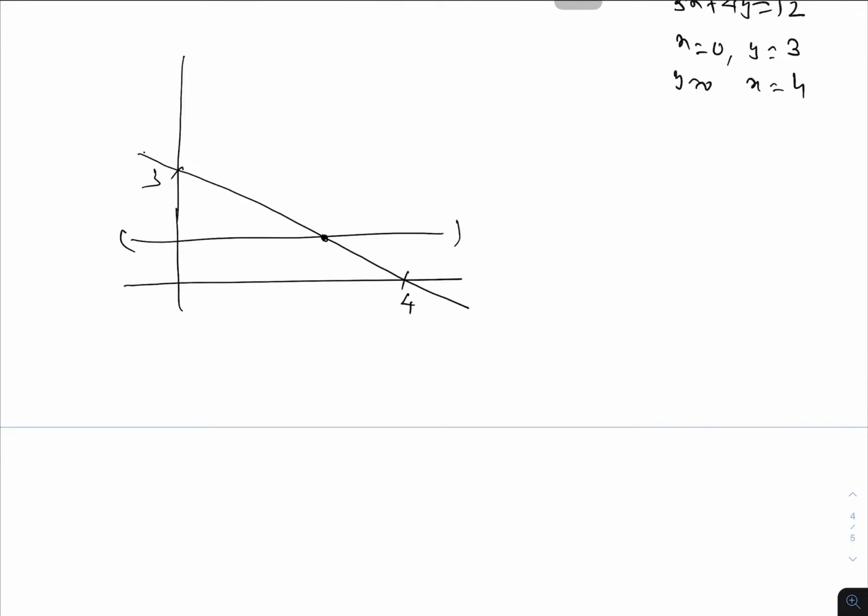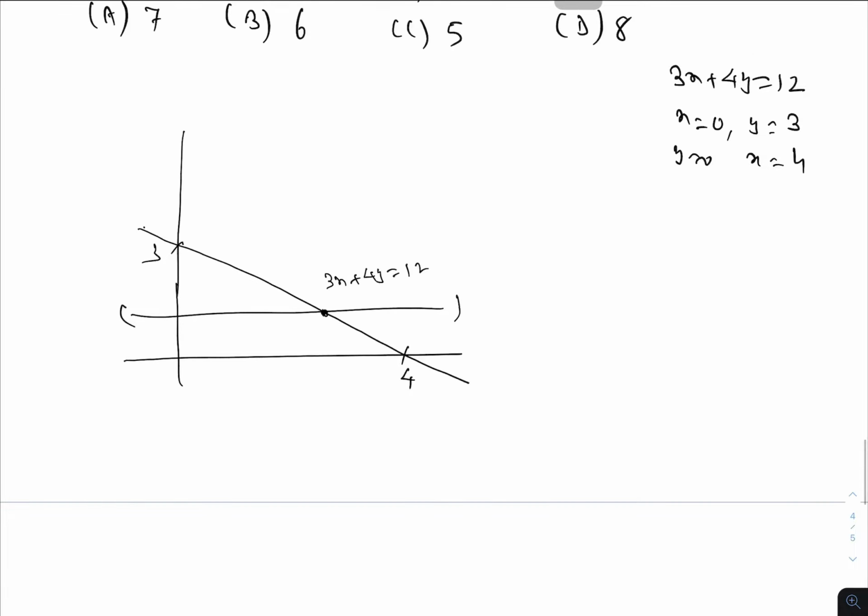So this line is 3x plus 4y equal to 12, and if I take y equal to 1, then 3x equal to 12 minus 4. So x equal to 8 by 3, 2 point something.